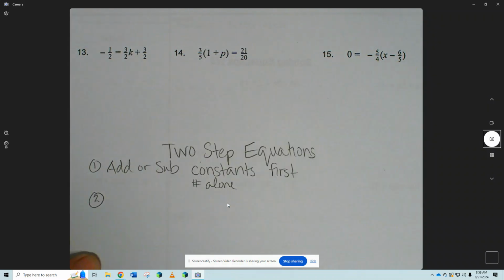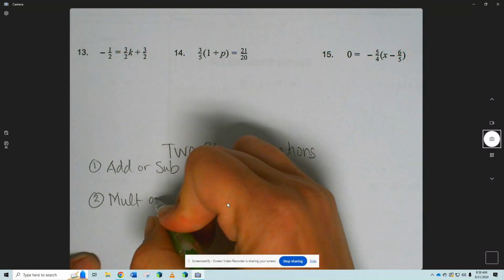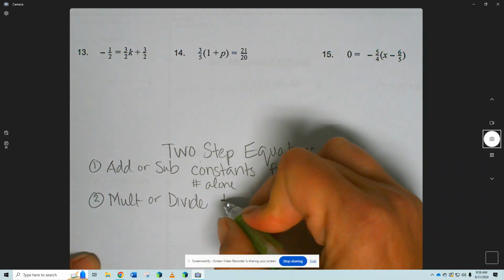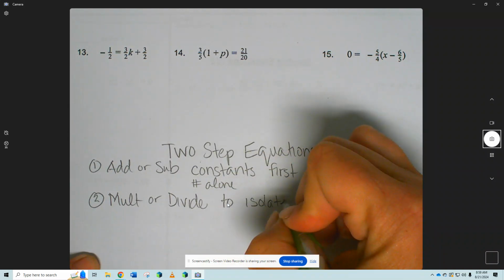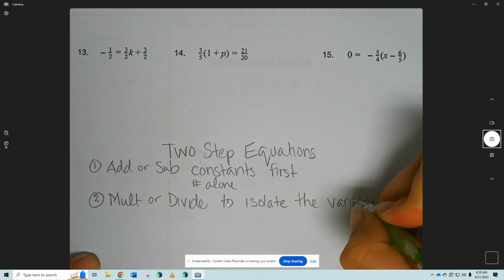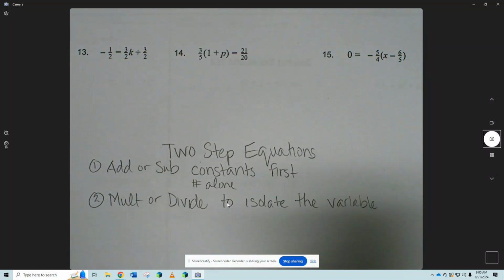Second step, you're going to multiply or divide to isolate the variable. So I have 3 problems that I want us to work on, okay? Just to make sure you know what you're doing.